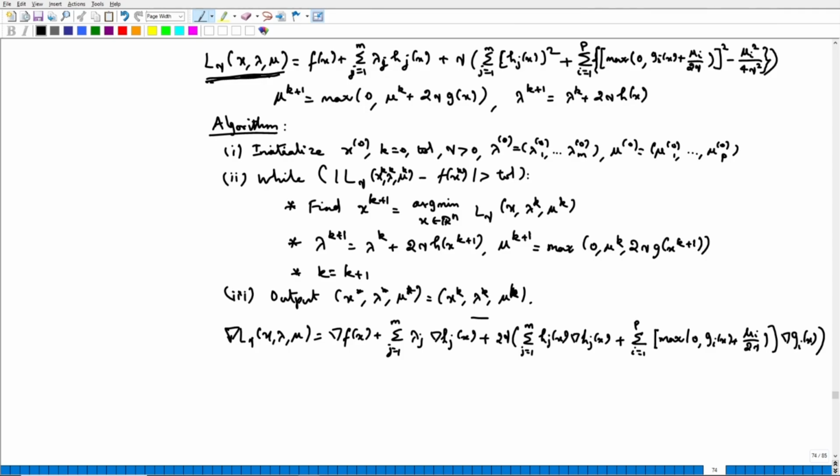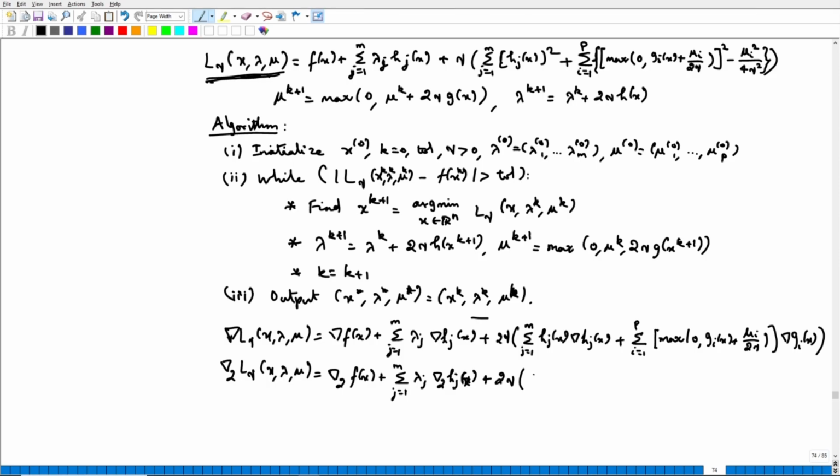Now about the Hessian. Let us write down the expression for the Hessian of the augmented Lagrangian function. We will have the Hessian of f of x plus the summation of lambda j into the Hessian of h j of x, over j equal to 1 to m, and then 2 gamma here.